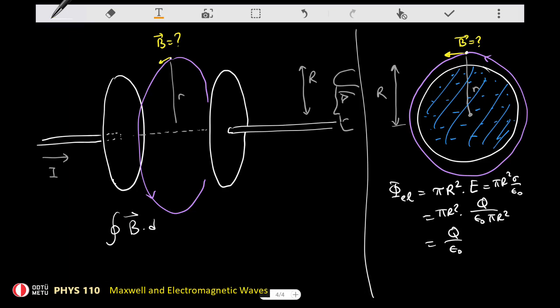Let me continue this with the next page. Sorry. So I'm going to add a page in here. Let's just write down Ampere's law and then add Maxwell's contribution to it.